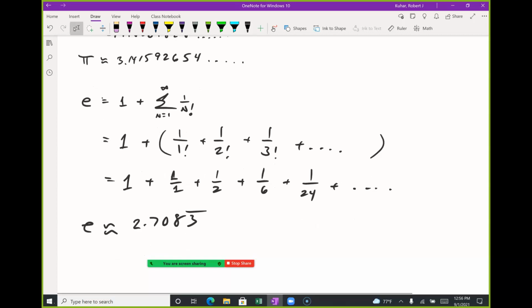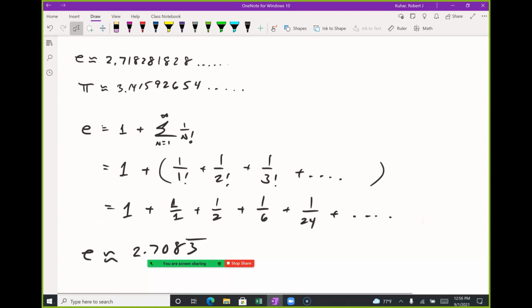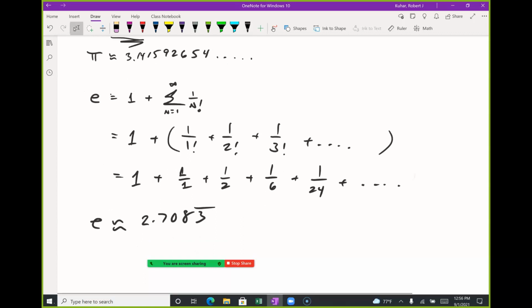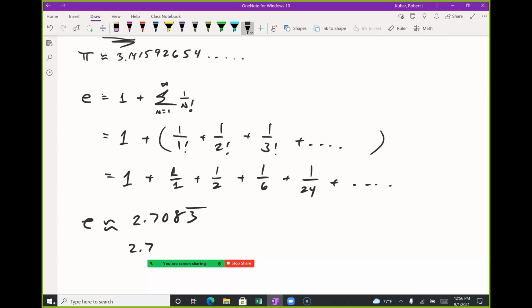So look at that, look at my actual e, 2.7 what? 2.71. This is really close to 2.71, isn't it? With just 4 terms of that series. So pretty interesting.